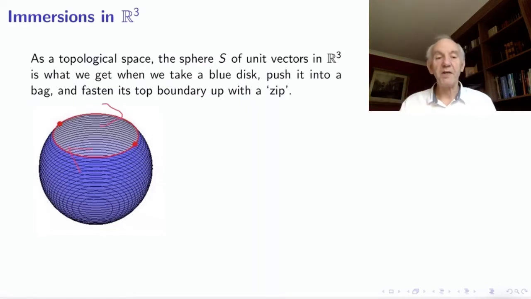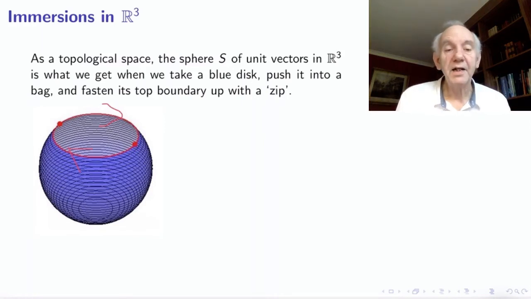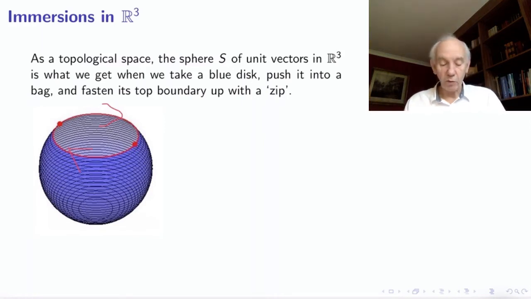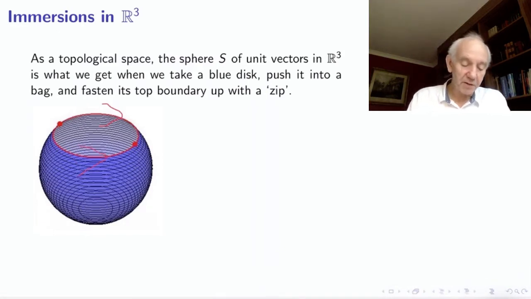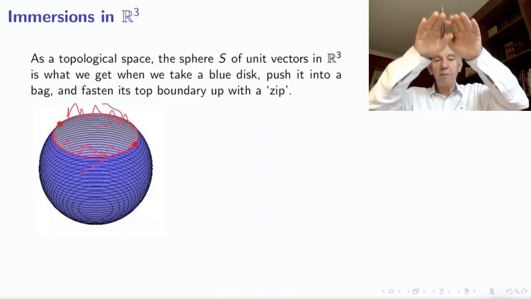If I push it down, then I get a sort of bag. I put the arrows the wrong way, sorry, that was a mistake. For the sphere, one arrow is going clockwise and one is going anti-clockwise. You can think of this as just a zipper. You just zip up the bag in the usual way, and then, of course, you get the sphere.